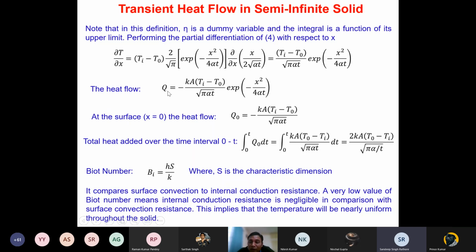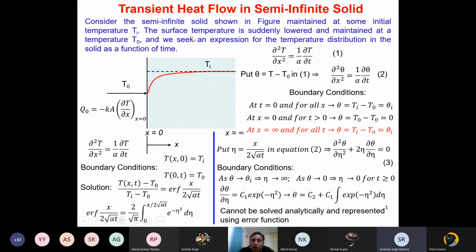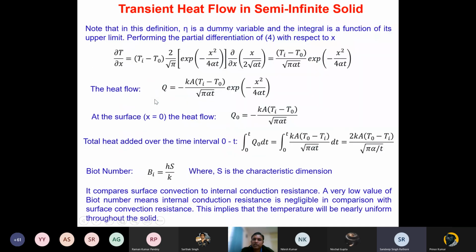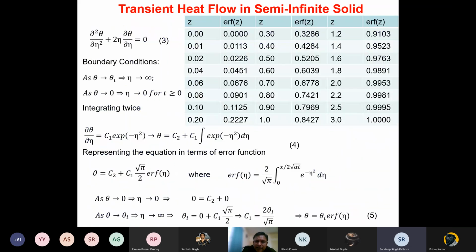So this is the Q value at any x. This is very important. With this equation, now I can calculate the value of heat flow at any x, anywhere using this equation. Correct. Now another interesting thing to look at: where is the heat added?